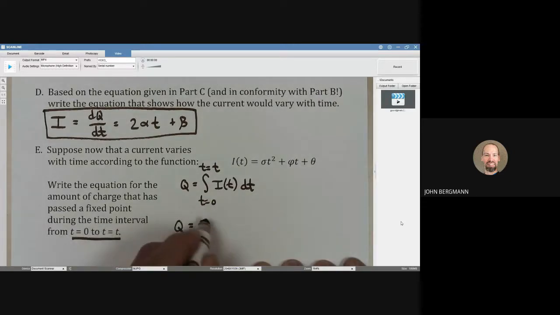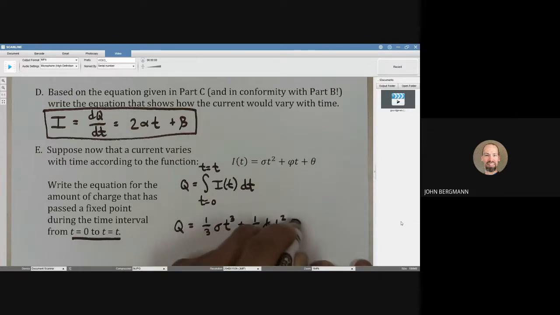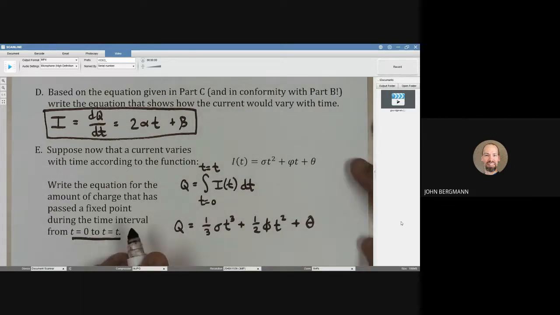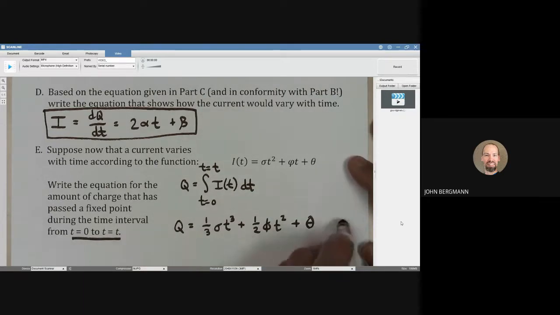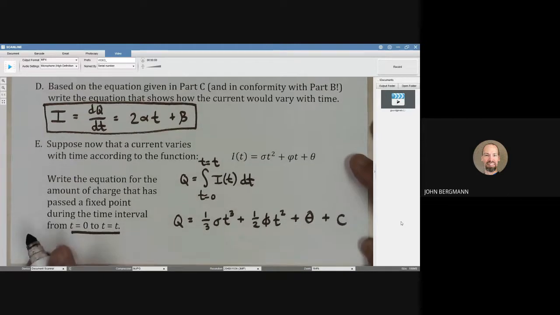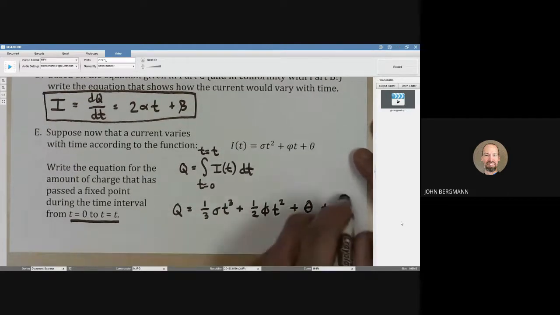Integrate that, so I'm thinking that that's going to be 1/3 sigma t cubed plus 1/2 pi t squared plus theta. Now, should we put a constant on there? Well, we are doing these limits, aren't we?